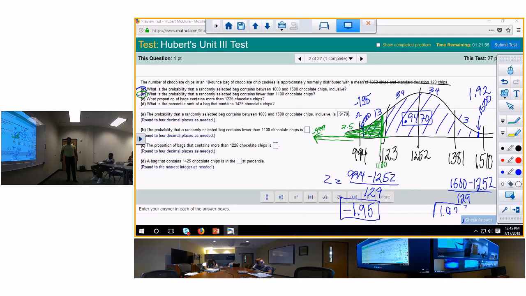Into a z-score. So we're going to go over here, and z of 1,100 is equal to 1,100 minus 1,252 over 129. Somebody give me that z-score. Well, I think it's going to be like negative 1.1. What does it come out to be? Negative 1.18, so it's further.